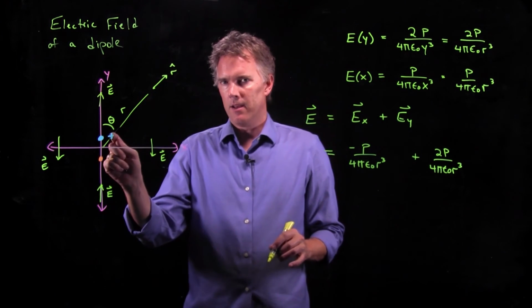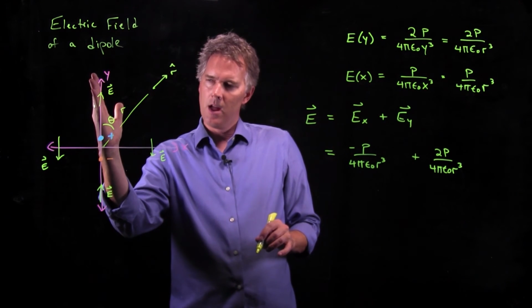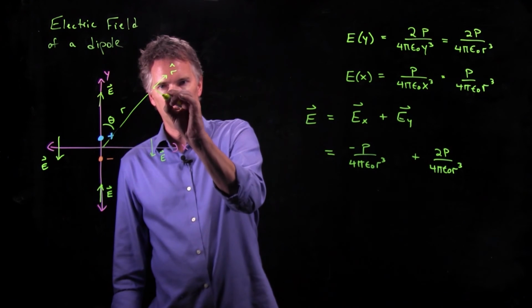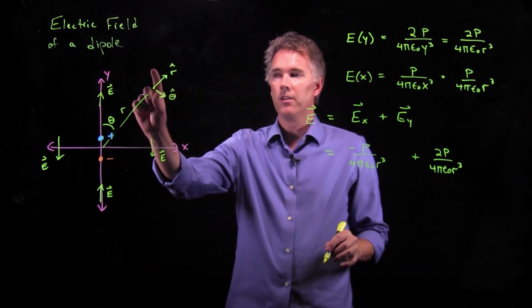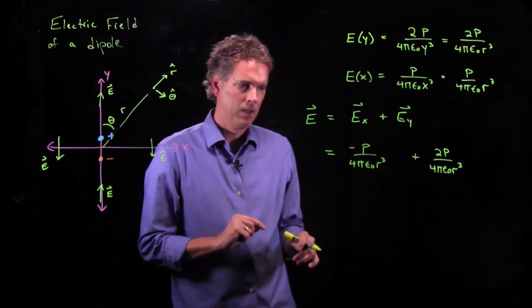What about theta? If theta is measured relative to the y-axis, then theta increases as you go down in this direction. And so look, this is now my new coordinate system, r hat and theta hat.